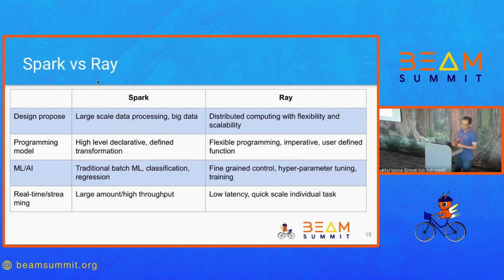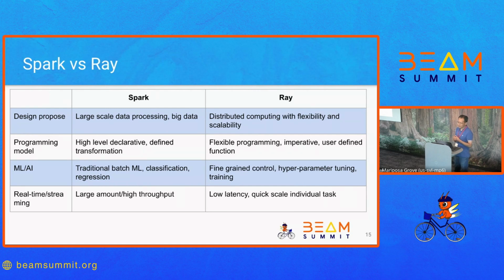So, a quick comparison of Spark and Ray. For design purpose, Spark is designed to handle large-scale data processing, like big data. Ray is mostly for distributed computing and provides flexibility and good scalability. For the programming model, Spark is high-level and declarative, with defined transformations whose underlying implementation we optimize for those cases.